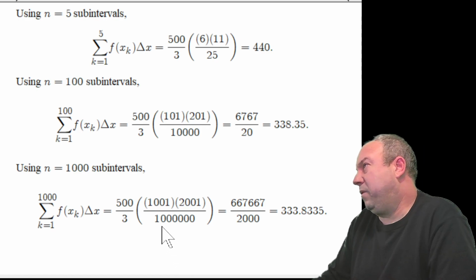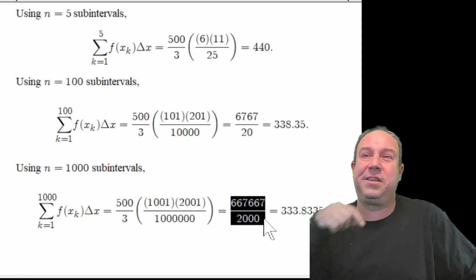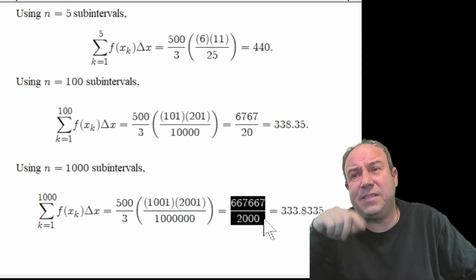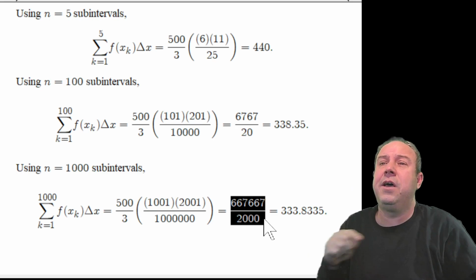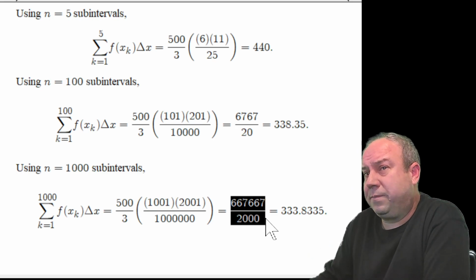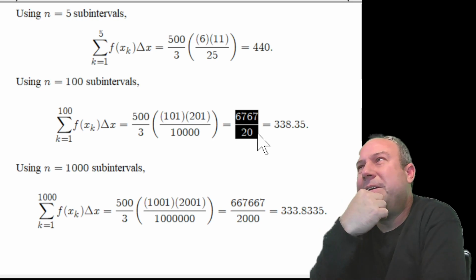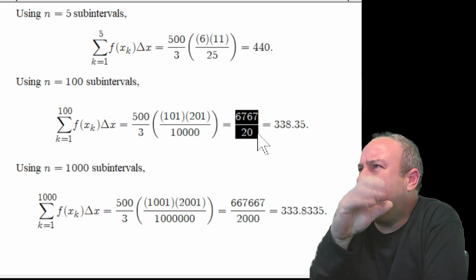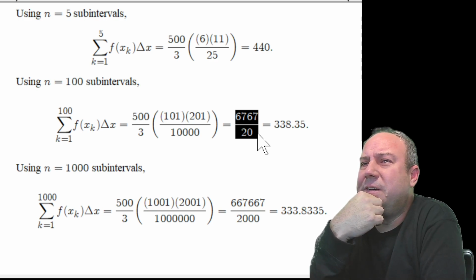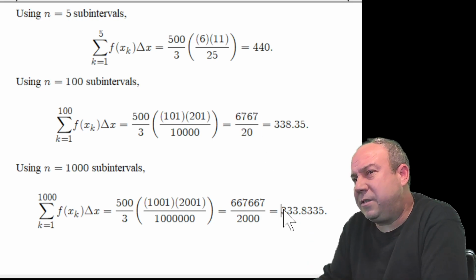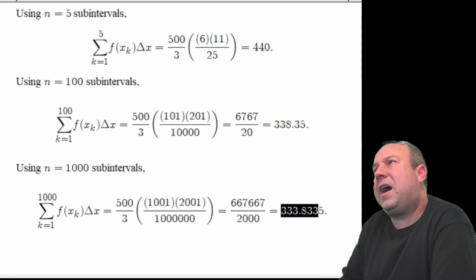If we do a little simplifying of that statement, it does simplify uniquely into this calculation, 667,667, all divided by 2000. Notice it kind of matches up with this calculation up here. There's a bit of a pattern forming there in this case, and there is. And we do see that simplifies to 333.8335 in value.